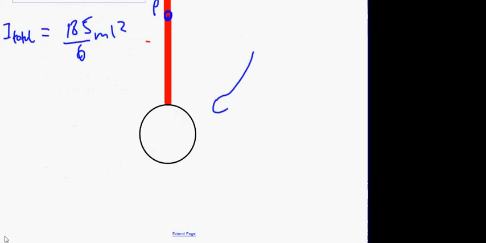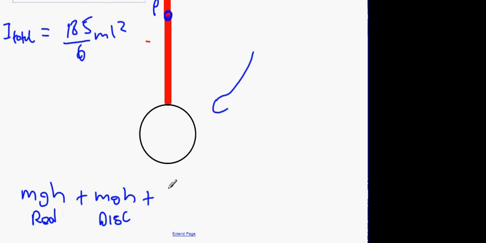Now, there's a conservation of energy formula that happens when you're doing this, okay? So the conservation of energy formula is the following. You have mgh, which is potential energy of your rod, plus the potential energy of your disk, plus your rotational energy of your system.